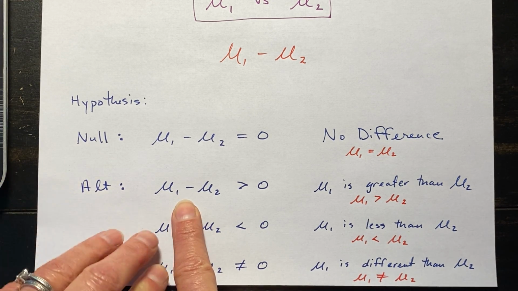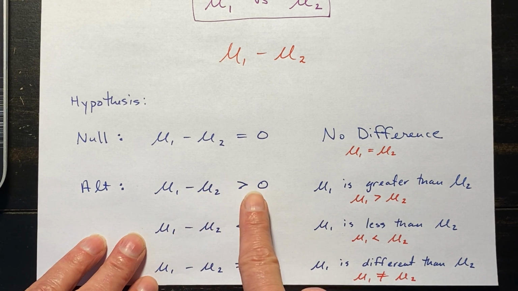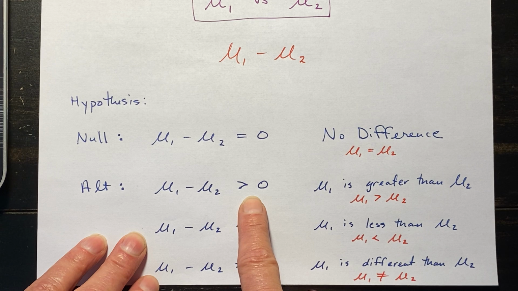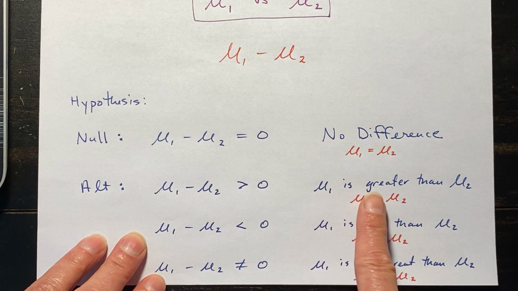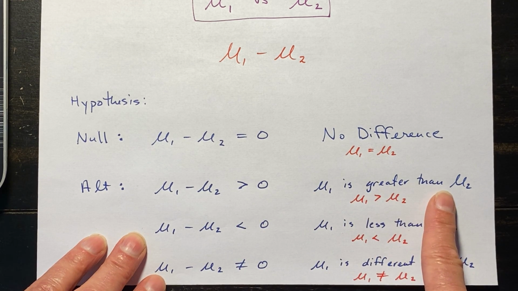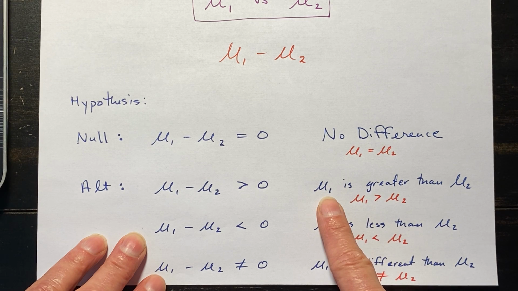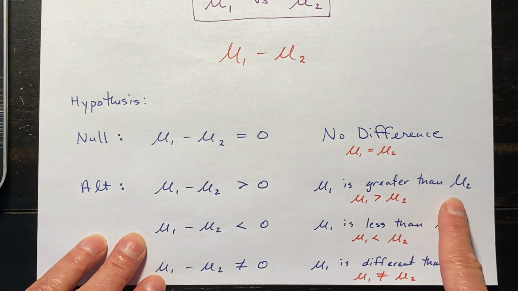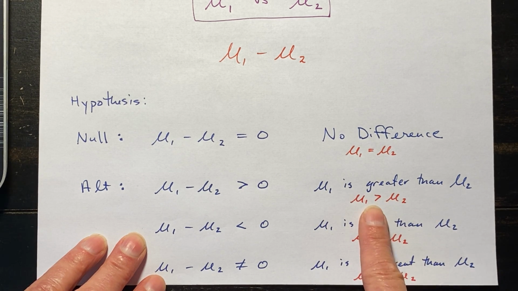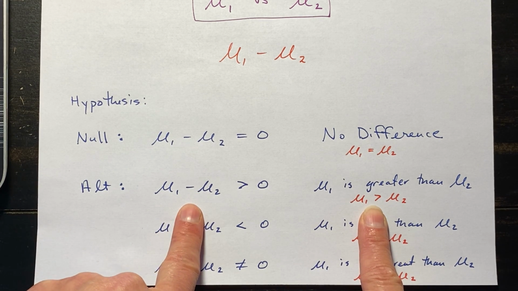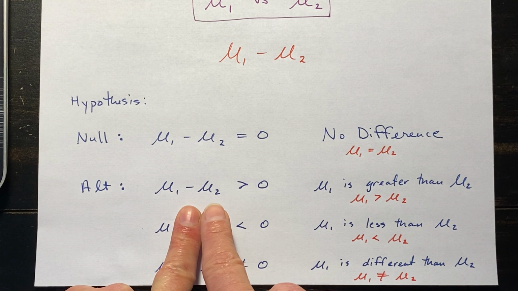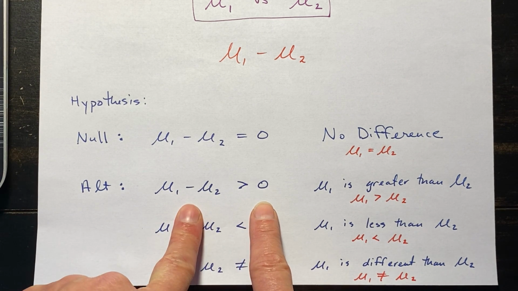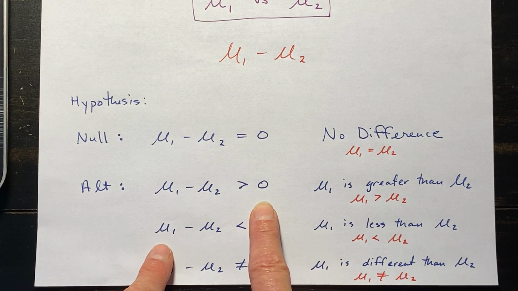So we have the difference will be greater than 0, or a positive number, if mu1 is greater than mu2. The mean from population 1 is greater than the mean from population 2. It looks like this if written as an inequality. If we subtract them, mu1 minus mu2, then their difference will be greater than 0.